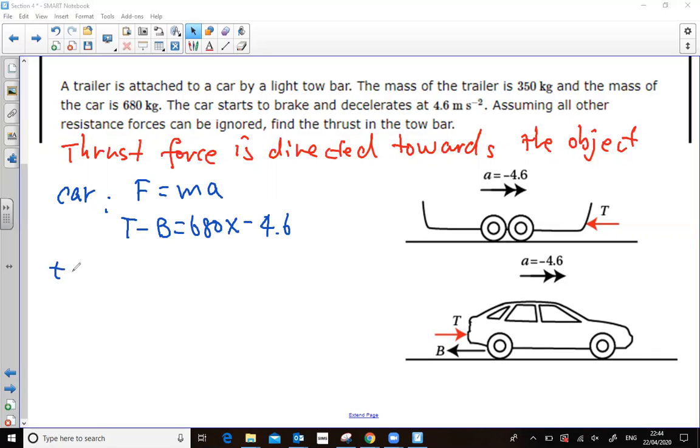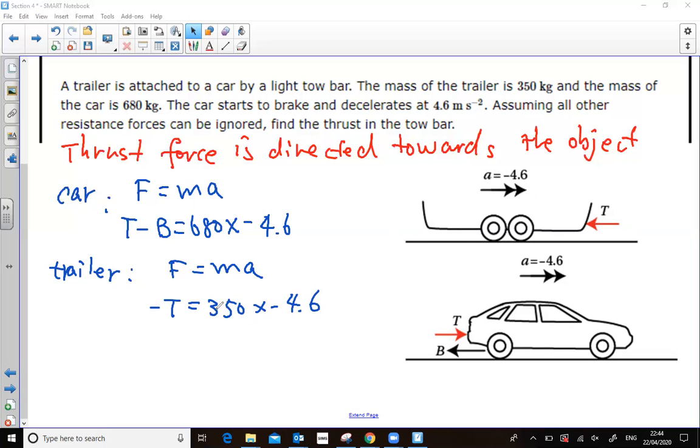And what is happening for the trailer? Again, we use F equals ma, and the only force acting on the trailer is the thrust, and it's going against the direction. So that will be negative T equals 350 times negative 4.6.